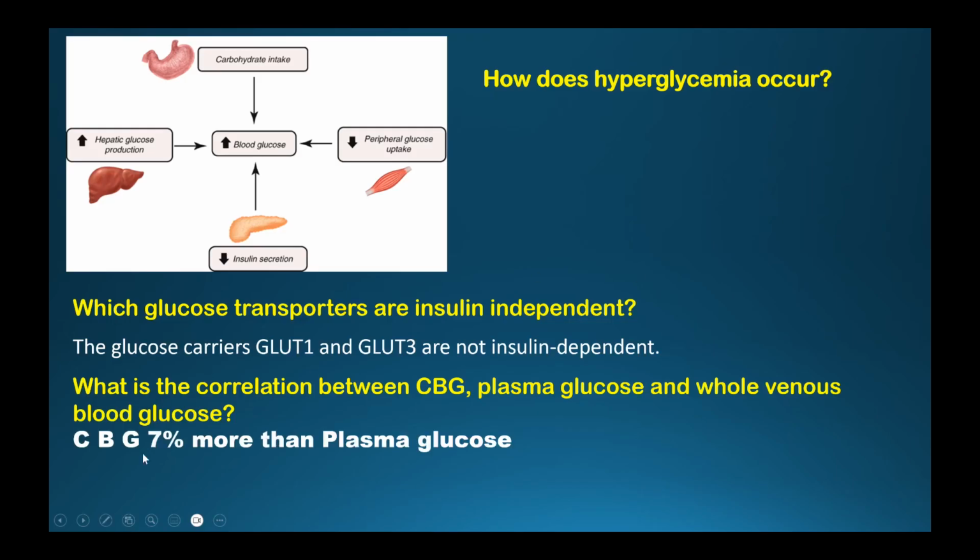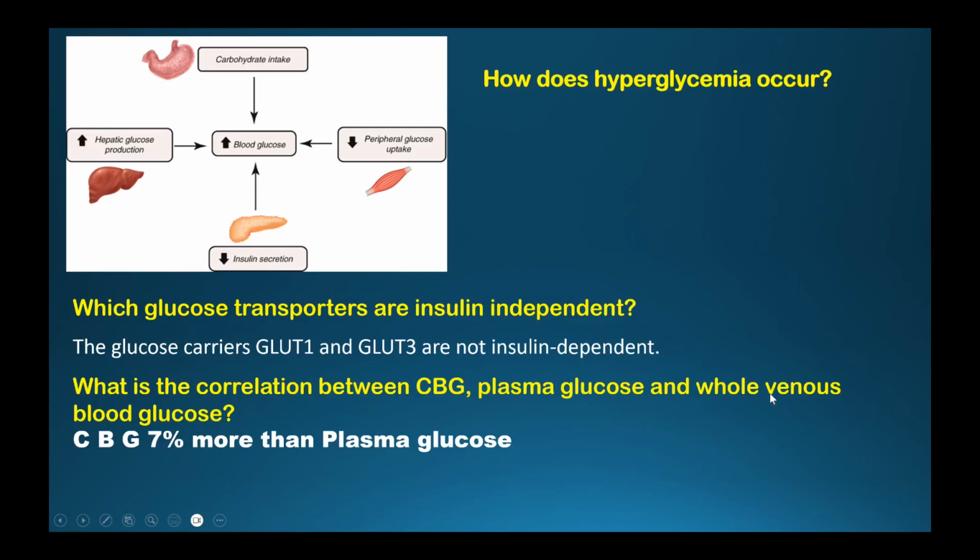So CBG is 7% more than plasma glucose. Whenever you take a blood sample, centrifuge it, remove the plasma and measure the glucose in that plasma, CBG is always 7% more than the plasma glucose.